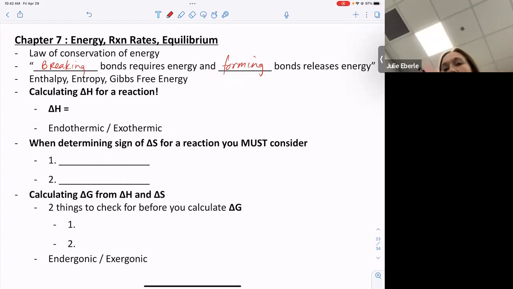So then to understand this, we said there's 3 pieces to the puzzle: enthalpy, entropy, and Gibbs free energy. And these all come together in that mathematical equation for delta G to give us the full picture.